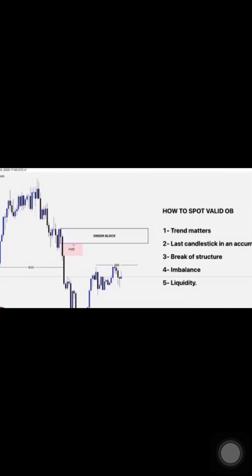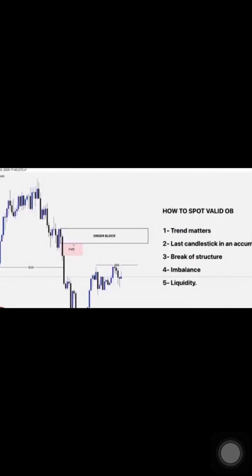Then note, always make sure you pay attention to your trend, because an order block works perfectly with your trend. You cannot be on a buy trend and be working a sell order block.